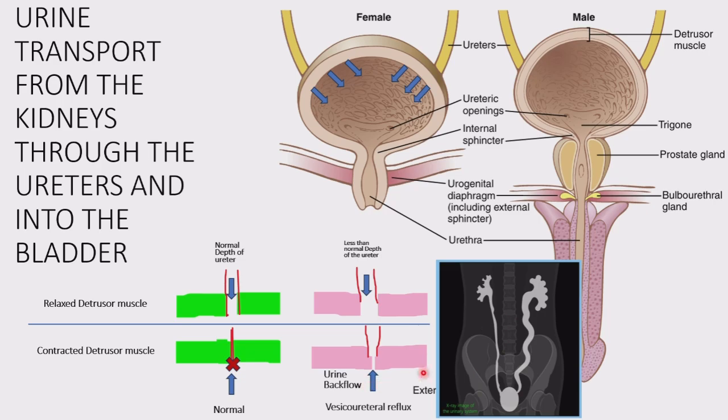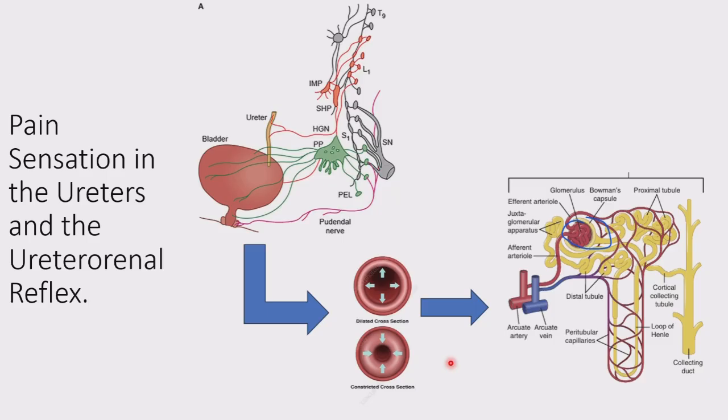The ureter is heavily supplied by nerve fibers. When there is an occlusion to the ureter, for example, a ureteral stone, the ureter will contract as a response to that occlusion. As a result, it will stimulate your nerve fibers, causing pain.